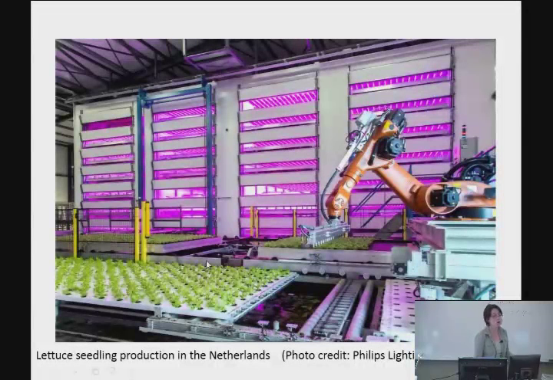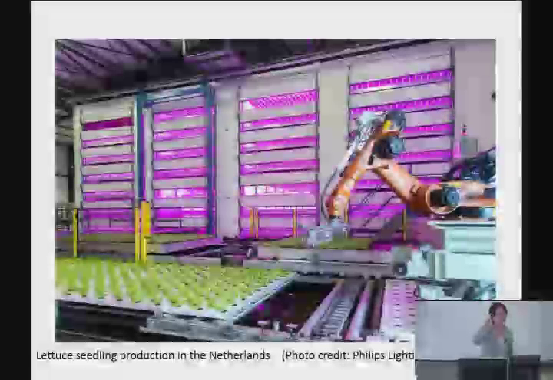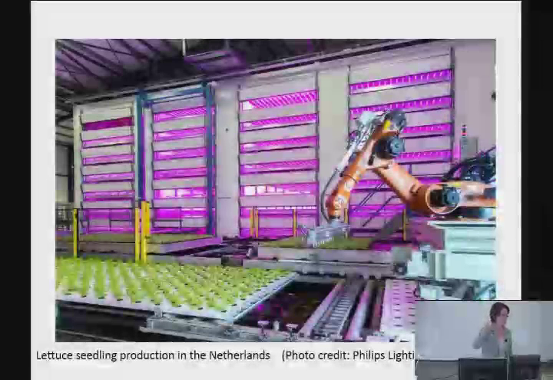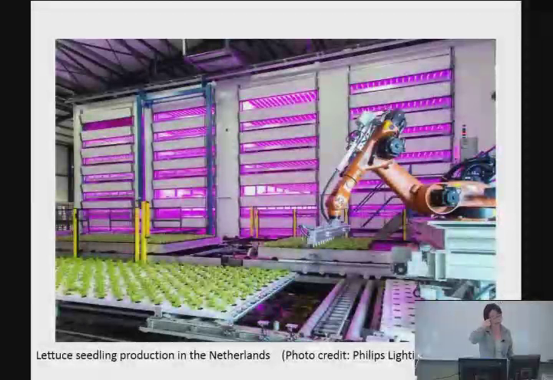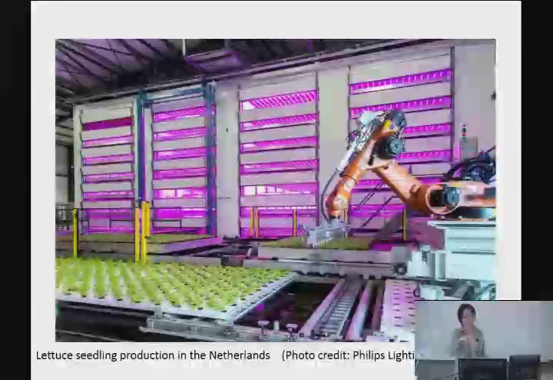But anyway, that's a facility in Holland, the Netherlands, growing lettuce seedlings inside the multi-layer LED system and growing the seedlings as quickly as possible, regardless of the weather, all right? And then those seedlings are transplanted in a greenhouse hydroponic system.